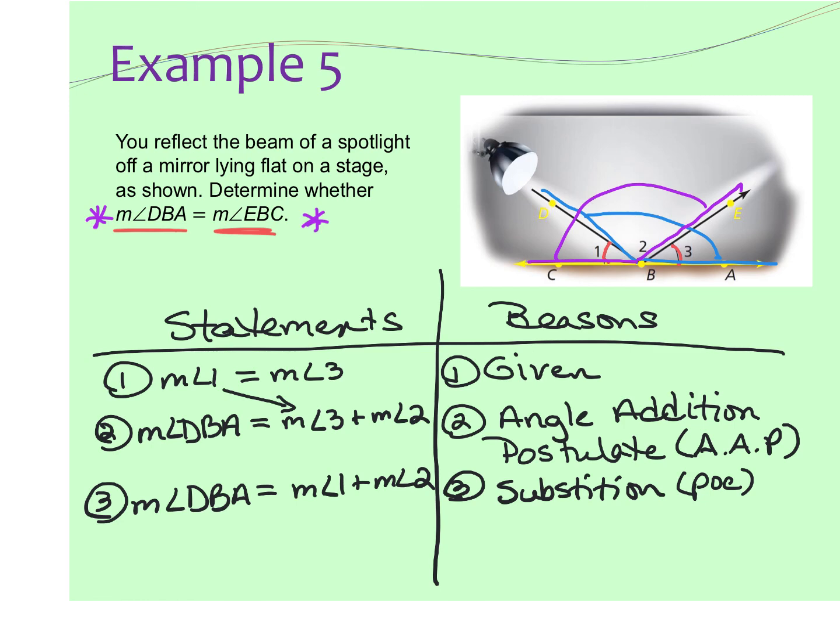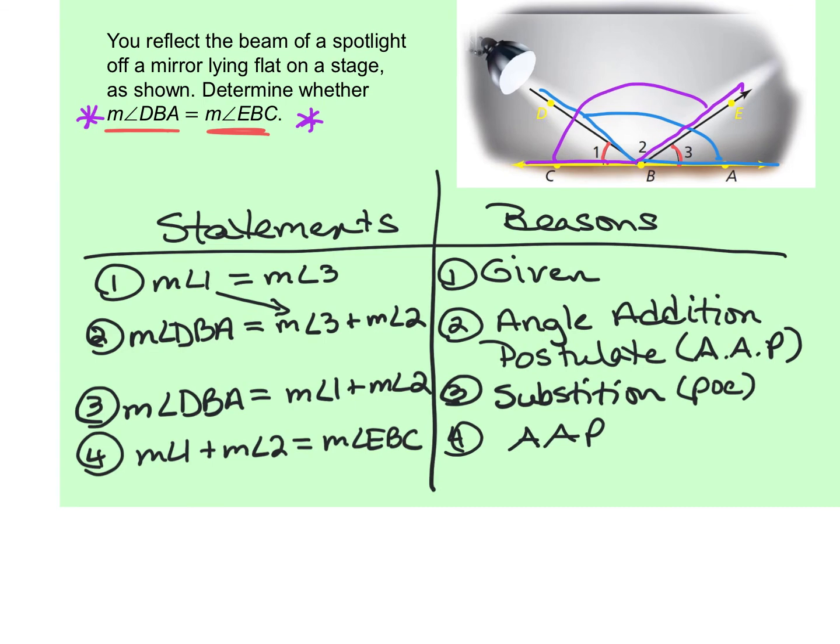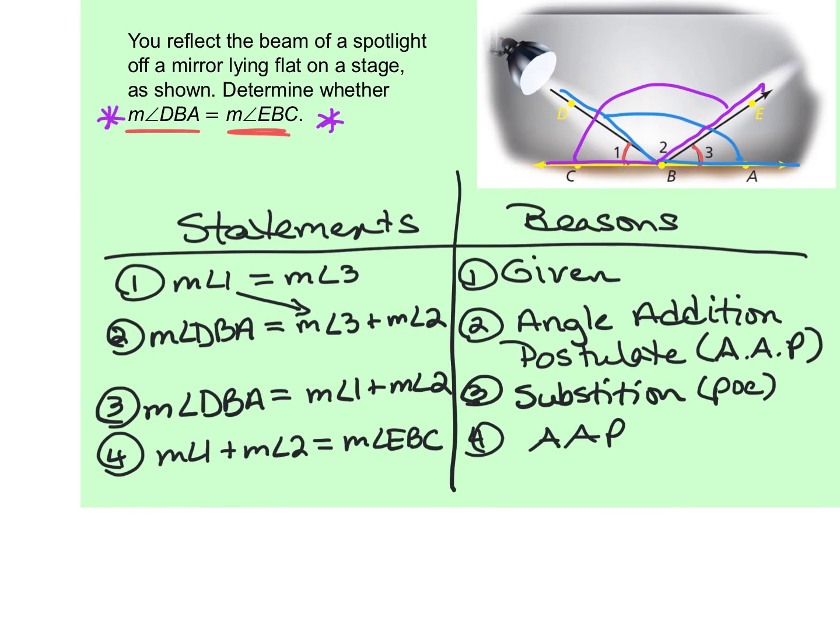So now I'm going to establish that the measure of angle 1 plus the measure of angle 2 also equals the measure of EBC, which is the purple. And again, this is the angle addition postulate. I can call it AAP. So would you have to add step 3? Yes. You have to add the angle addition postulate. So it's the same reason as number 2.